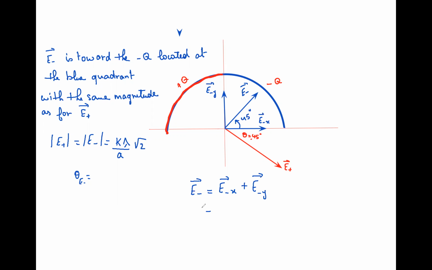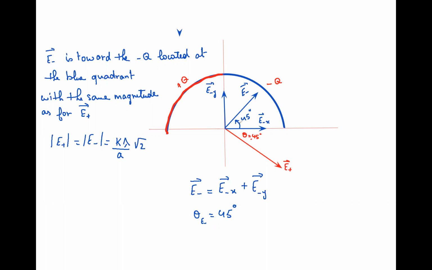And as magnitude, it's the same like E plus, and the direction theta for E minus equal to 45. Okay, this is about E minus.